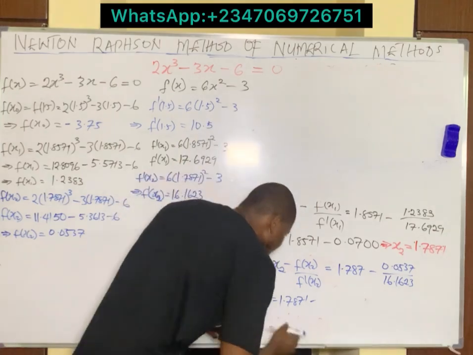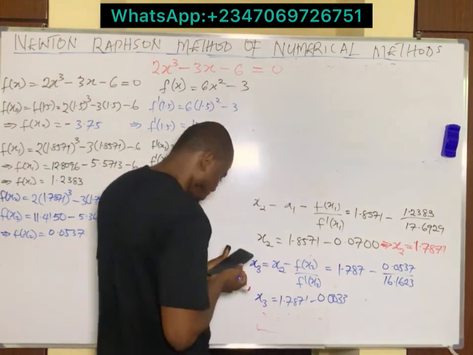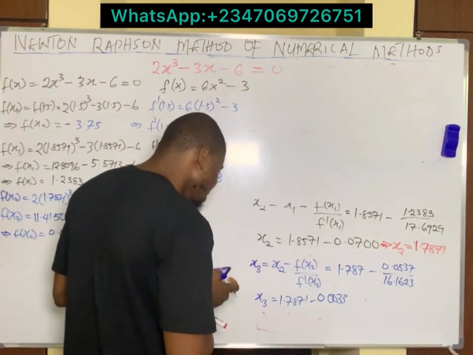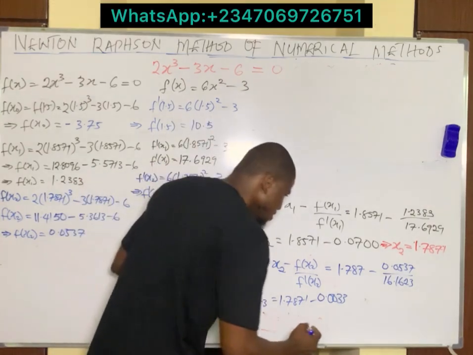That ratio gives us approximately 0.0033. So let's evaluate now, 1.7871 minus 0.0033.